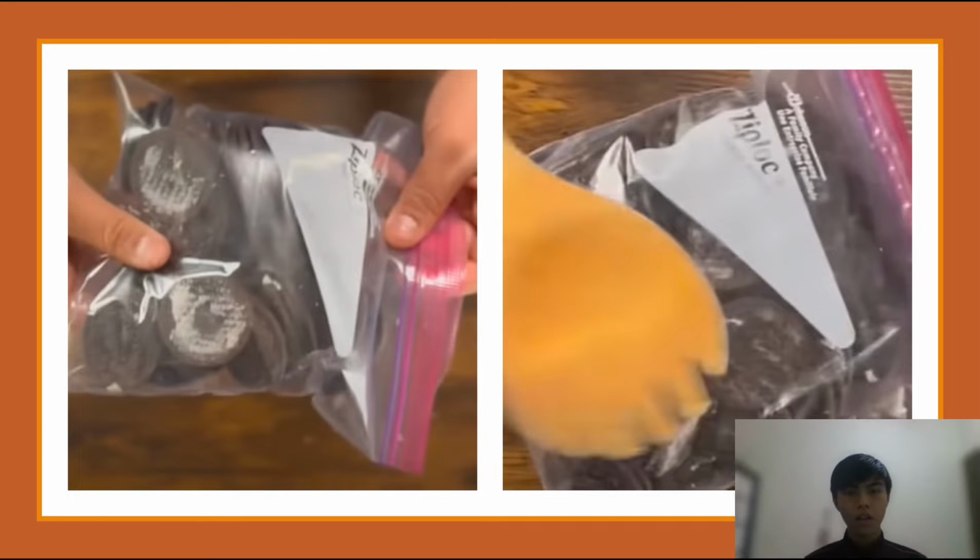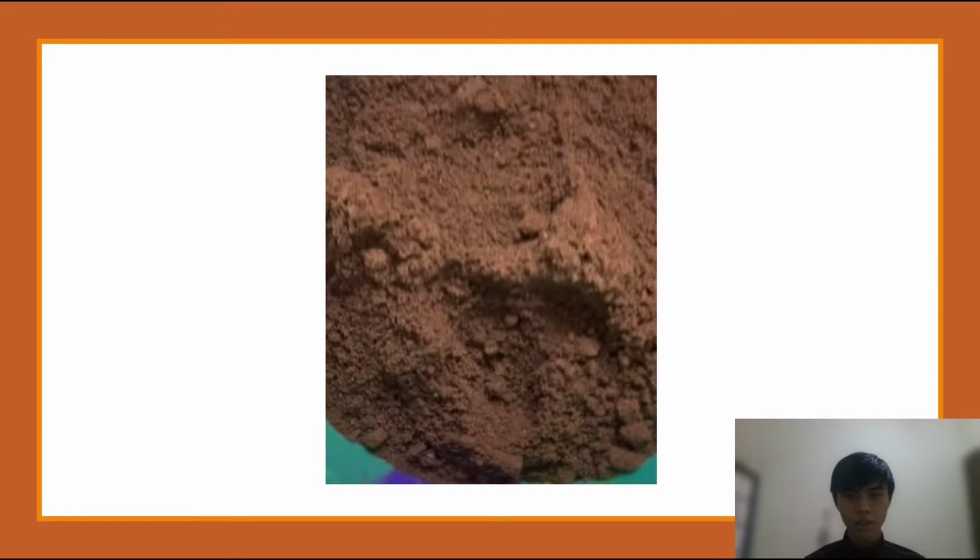After that, we put the cookies into a ziplock bag, or we can use a blender, so that it will become a powder. After we blend the cookies, the result will look like this.